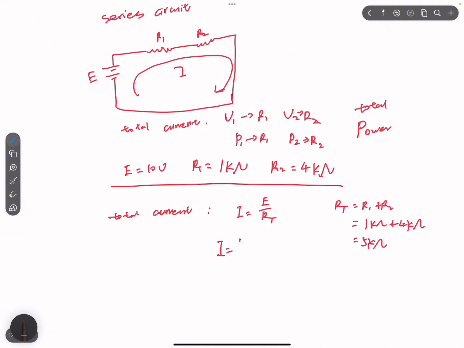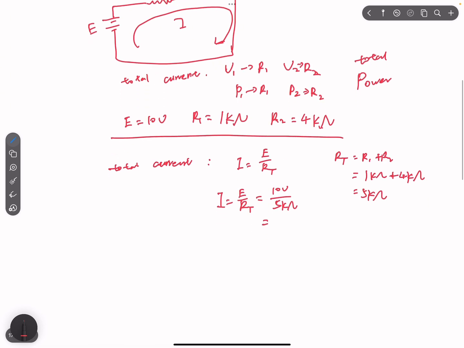So I equals E over RT equals 10 volts over 5 k ohm, which will give us 2 milliamps. So that's the total current for the circuit.